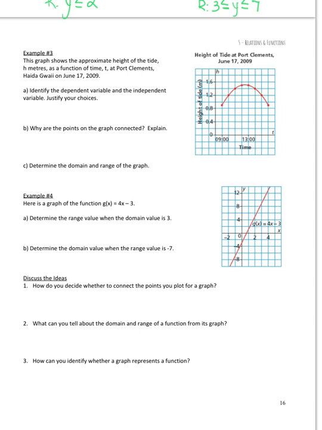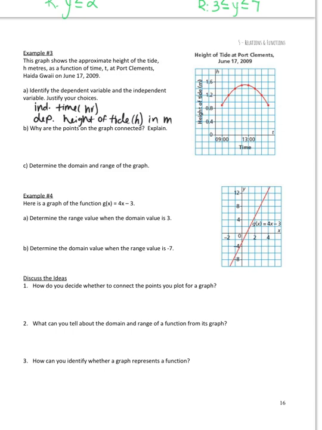So time, nothing influences time, so it is independent. So independent was time, which was measured in hours. And the dependent variable was the height of the tide, which was h in meters.